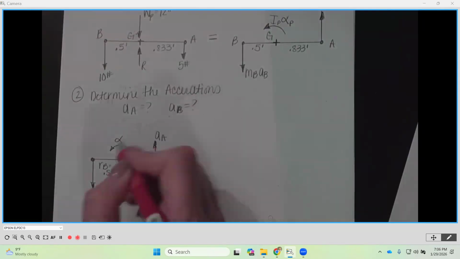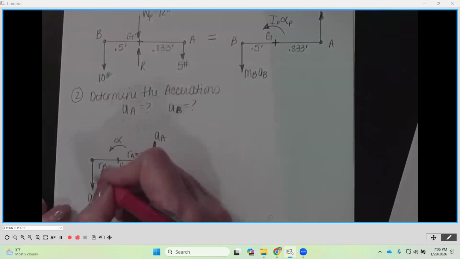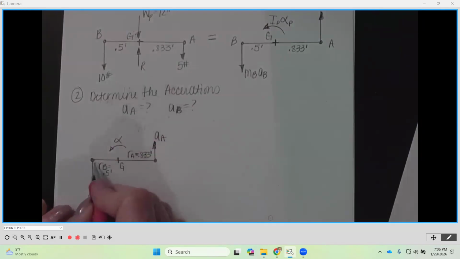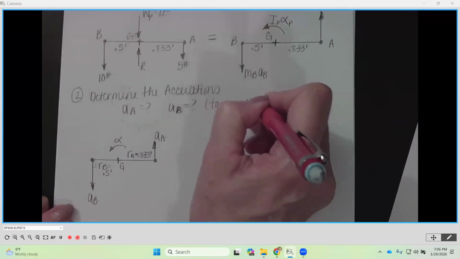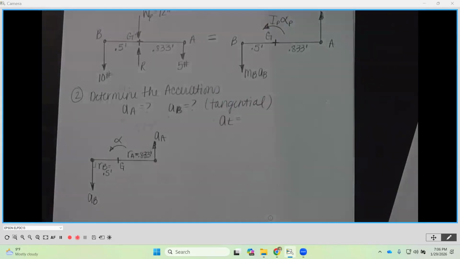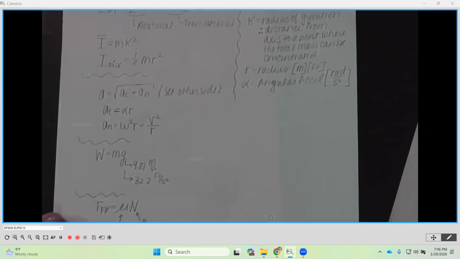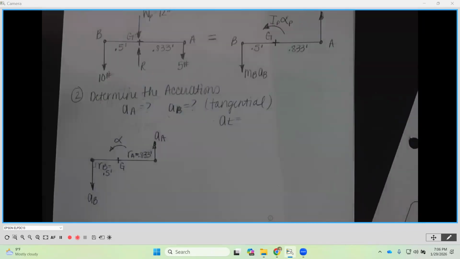As this rotates around, these accelerations are perpendicular to the radius of rotation, which means that they are a form of tangential acceleration. We know that tangential acceleration is equal to the angular acceleration times the distance away from that center of rotation, so times that radius.